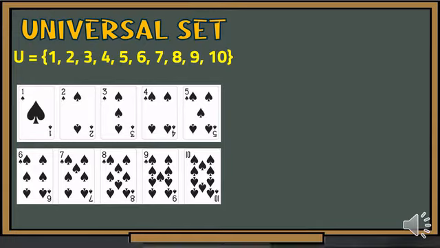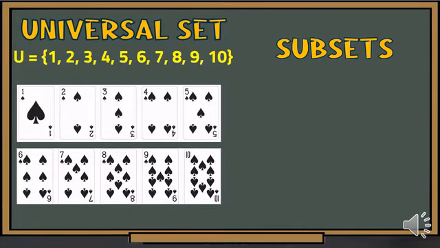So what happens if we take out some elements from this collection and form a subgroup? Is this subgroup meaningful? Will it have any unique properties? What can we call it? Alright, these questions can all be answered by the concept of subsets.